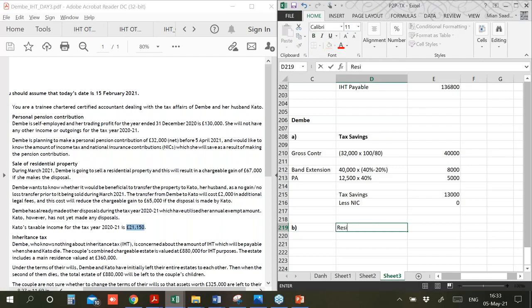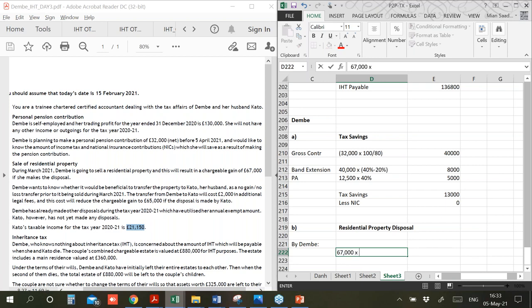I'll write residential property disposal, now, by Dembe. So if Dembe had made it, the gain was 67,000.